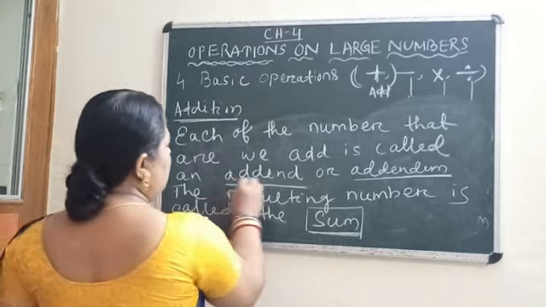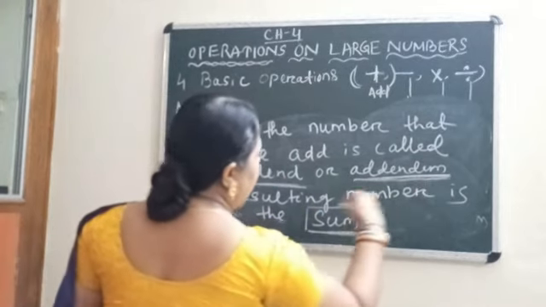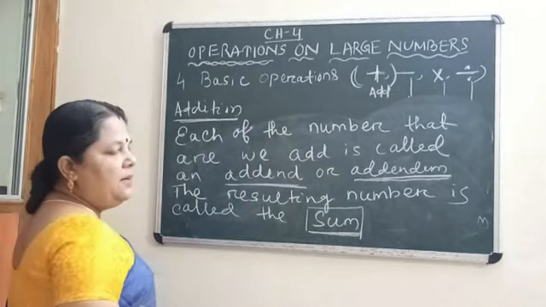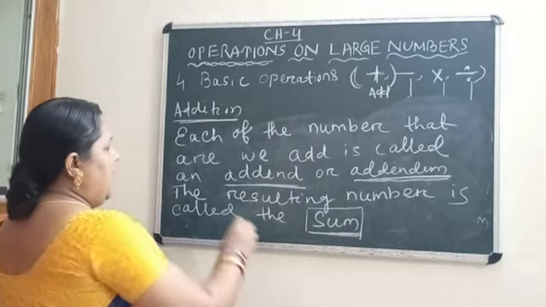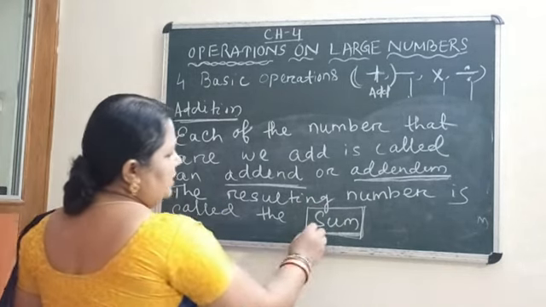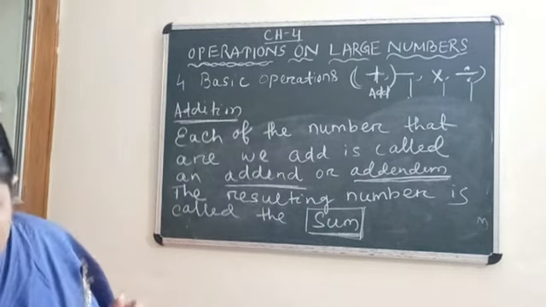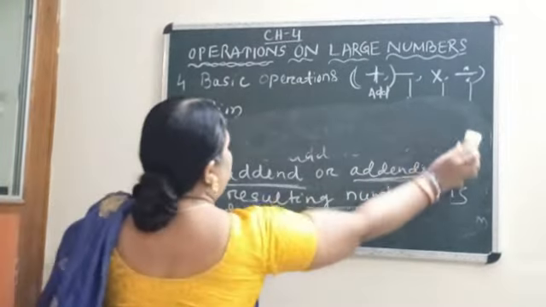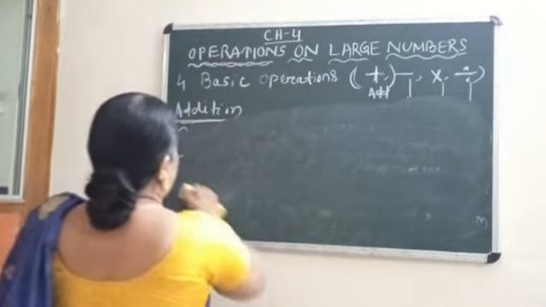So remember these two terms: addendum or addend is called each of the numbers participating in the addition, and after addition, whatever result you are getting, that term is called your sum. Okay. We are going to discuss how to add a large number.